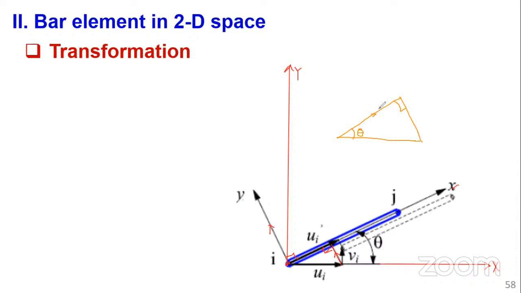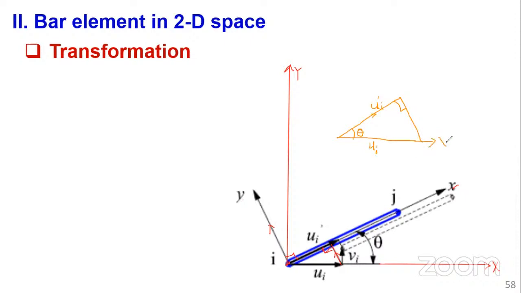This component we have is u prime I. And then we have a component U I in the global coordinate system.